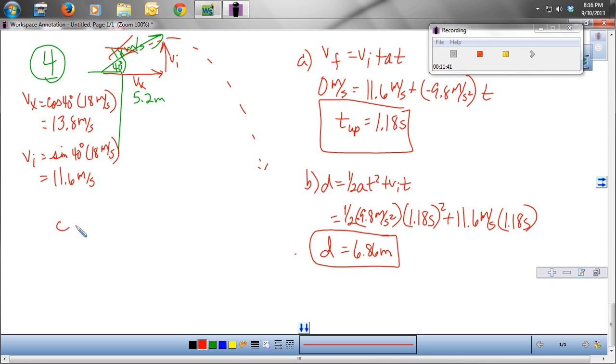Right, then C said, how long does the burrito fall? Well, I have to figure out about the falling. The distance that it falls has to be the 6.86 meters that it rose, plus the 5.2 meters above the ground. So that's 12.06 meters that it has to fall. So I did that same exact equation.